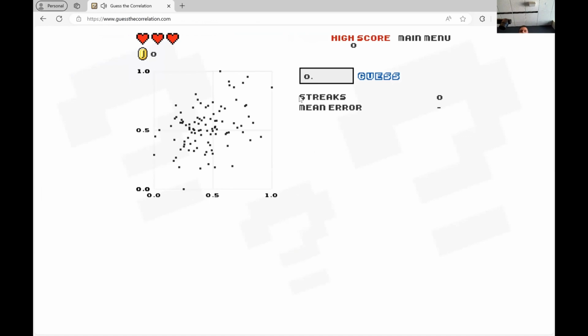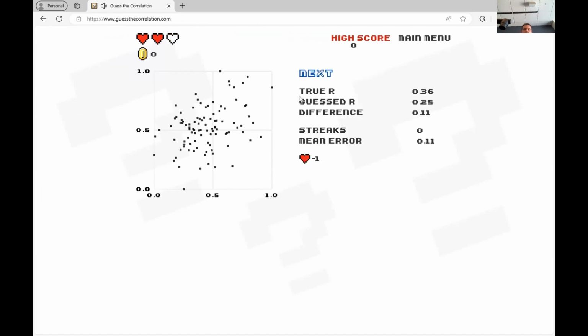All right. So let's see that. No, that looks like a pretty weak one. I'm going to say that's like 0.25. Oh, already lost.